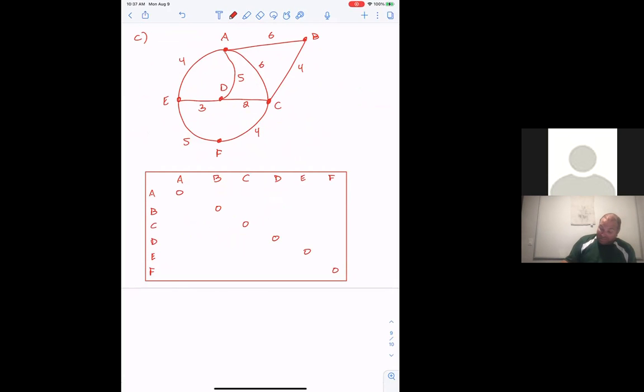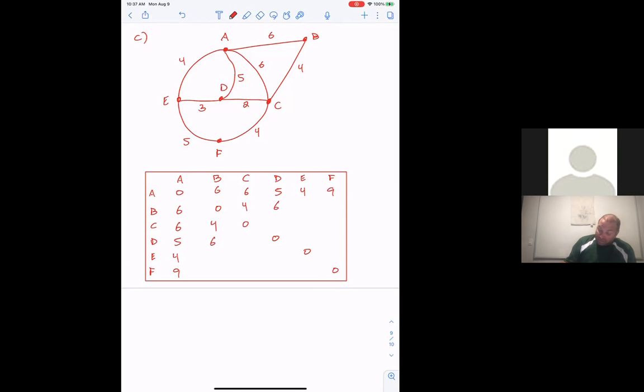All right. A to B is clearly 6. A to C is clearly 6. A to D is clearly 5. A to E, 4. And A to F, let's see, that one is 9. B to C, 4. B to D, 6.